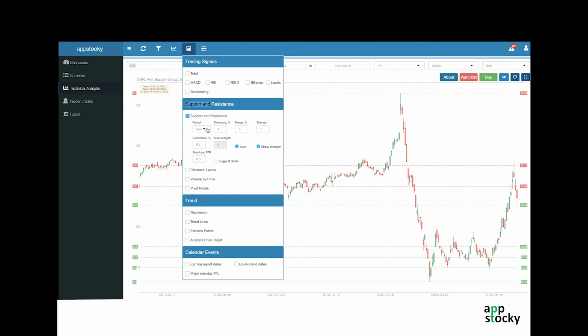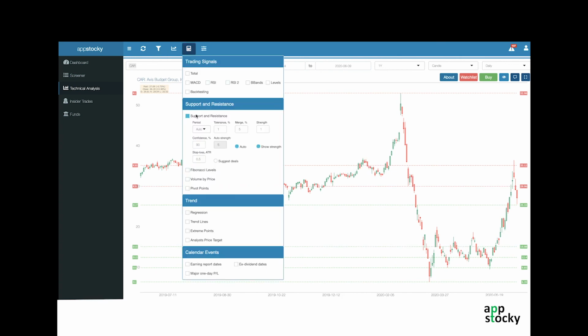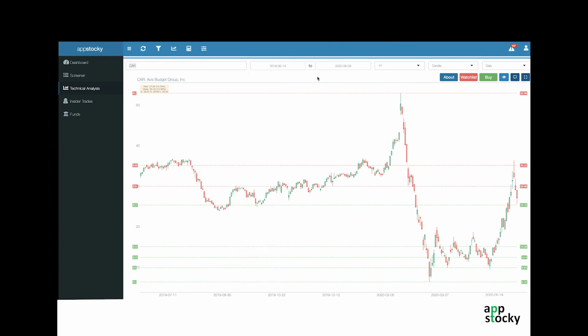The parameter auto represents the matching of your initial period. So when you see a graph for 1 year, the logic will take levels into account for the same period.